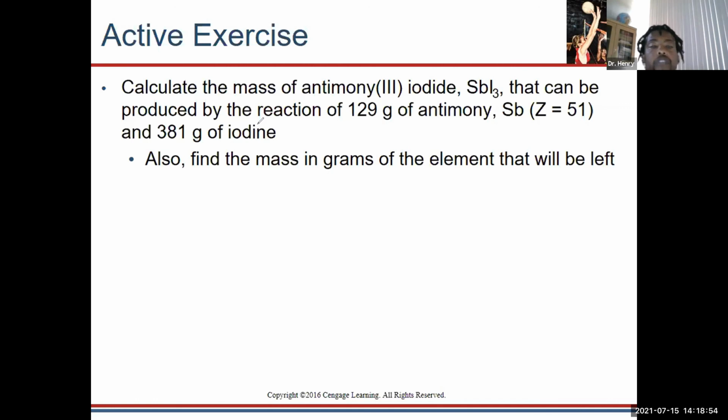Okay, so here's the rule of thumb: anytime you see both of your reactants having values in terms of grams or moles or whatever, with some number associated with both of them, that's going to tell you that you're probably working on a limiting reactant problem, right? So first thing that we're going to do is underline our givens.